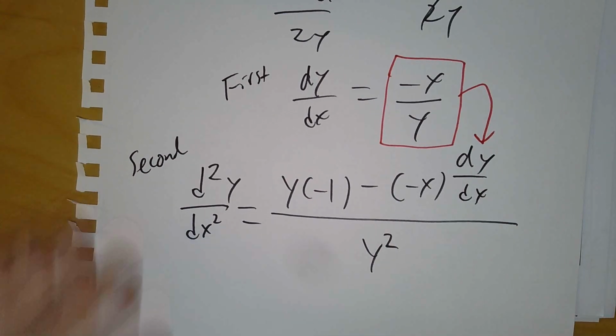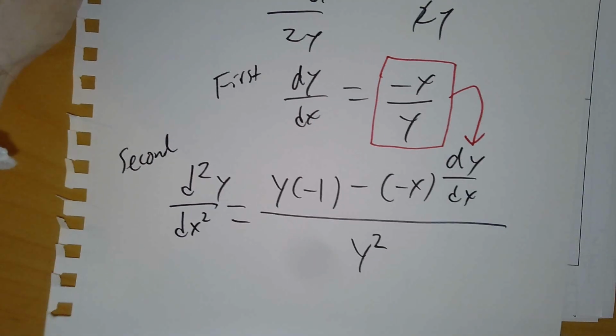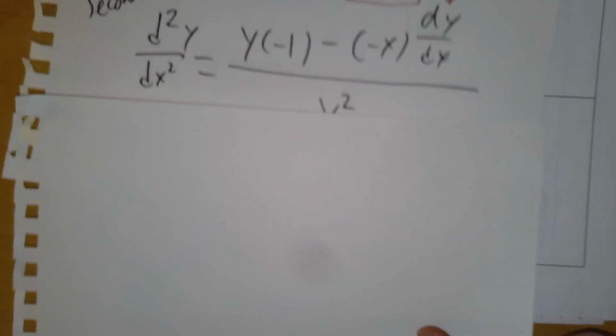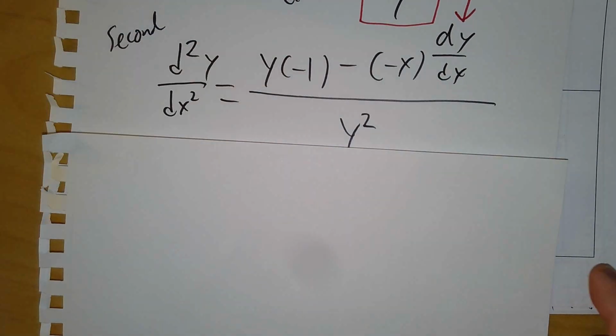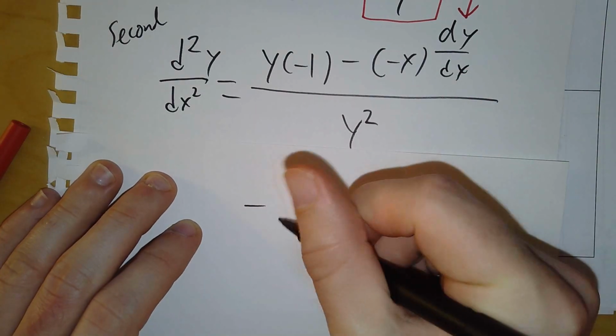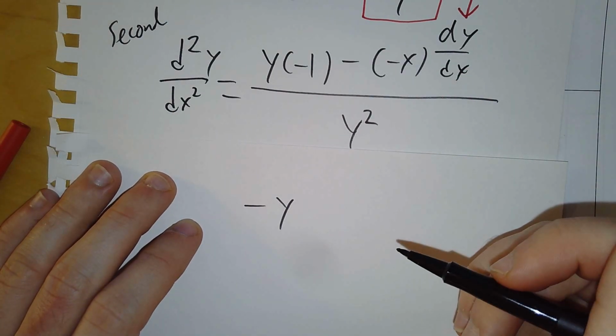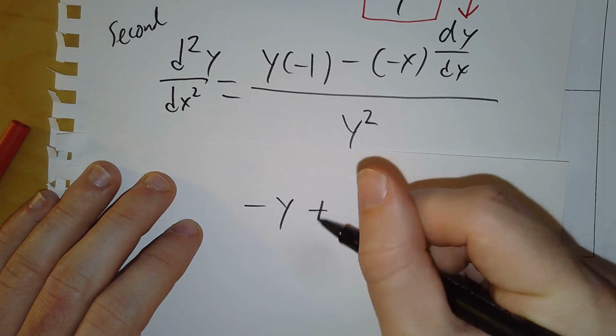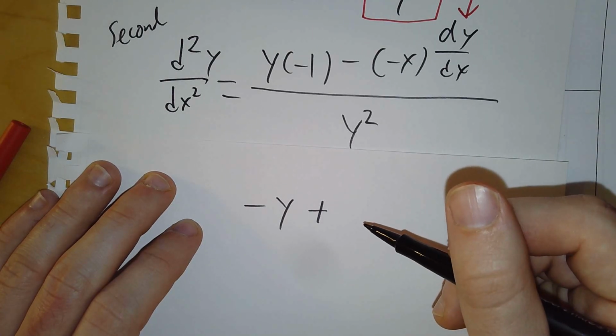So you would just rewrite that. Should I just do it? Let me do it. So if it said find the second derivative, usually what it'll say is find the second derivative in terms of x and y. And so the answer to that would just be, I'm going to simplify here a little bit, negative y plus, this is going to be weird.